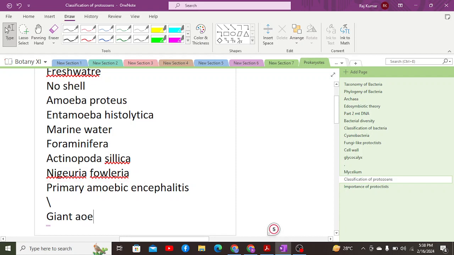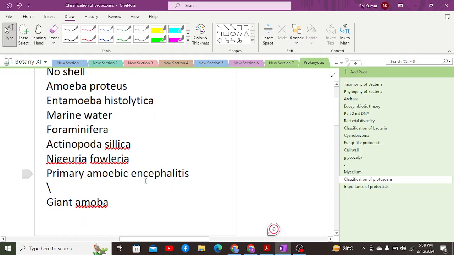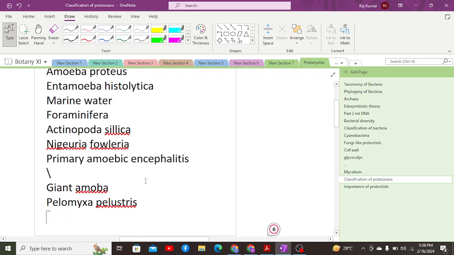It is one of the most primitive eukaryotic cells, and its scientific name is Pelomyxa palustris. It generally has multiple diploid nuclei and lacks typical cell organelles.